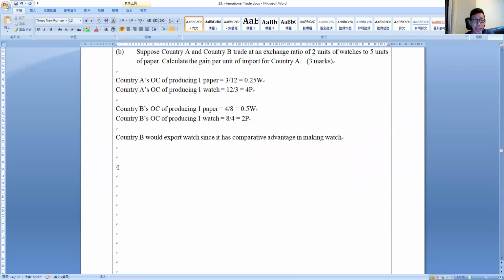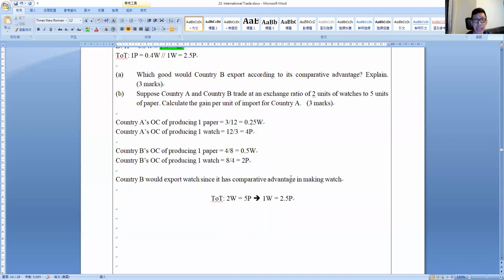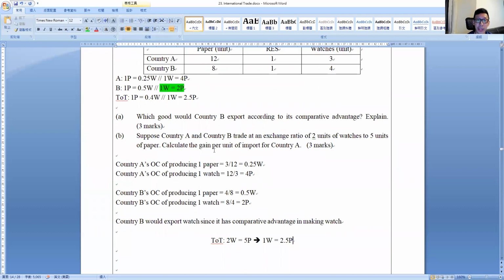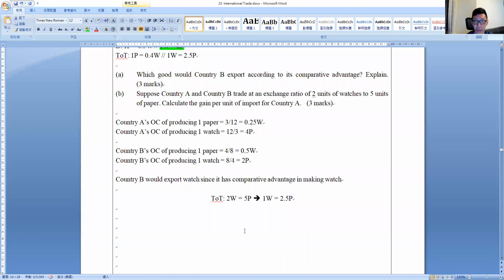Now what about part B? Now you are given the terms of trade, which will be 2 watch equals 5 paper, meaning that 1 watch equals 2.5P. Now calculate the gain per unit of import of country A. Which one would country A import? They would import watch, right?